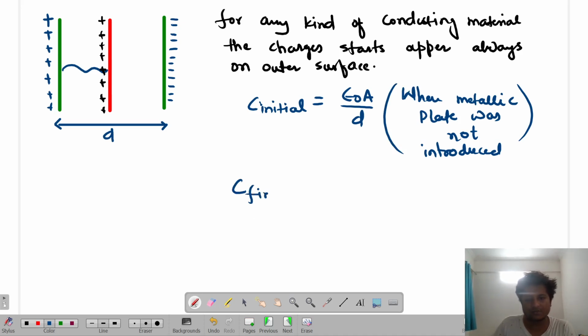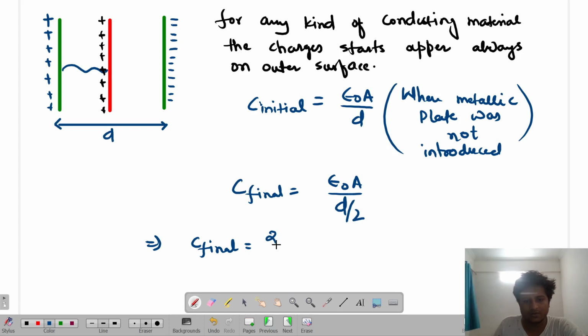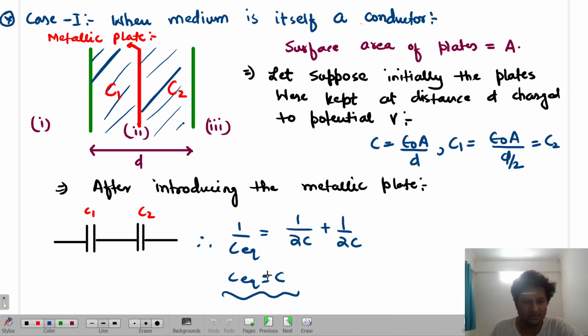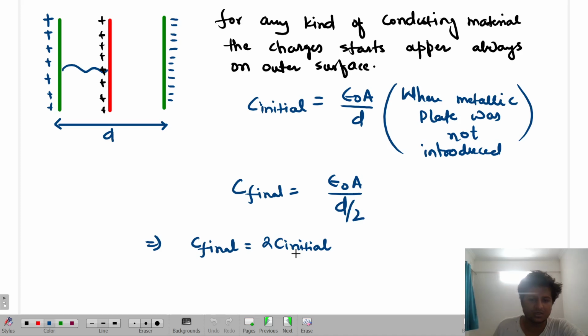C final will become what? Epsilon naught A by D by 2. So this 2 will go up or not? Yeah, so that makes C final equal to twice of C initial. In the earlier case, the capacitance remains same. In this case, it becomes twice.